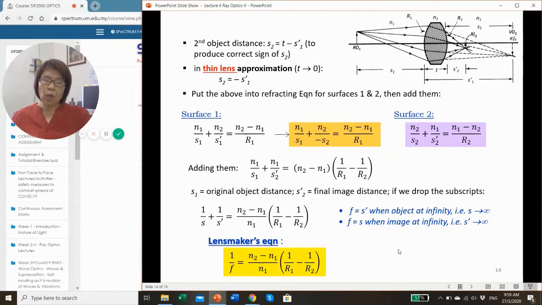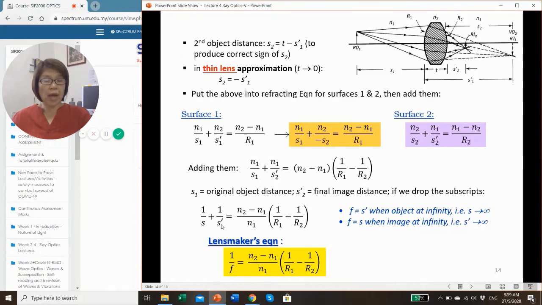And when the object is at infinity, we know that the image will be formed at the focal point. So s' will be equal to the focal length. When the image is at infinity, that means our object is at the focal point. Then s would be equal to the focal length. And if we substitute this into this part of the equation, when s is infinity, this becomes 0.